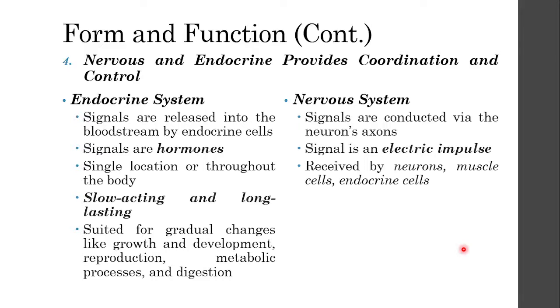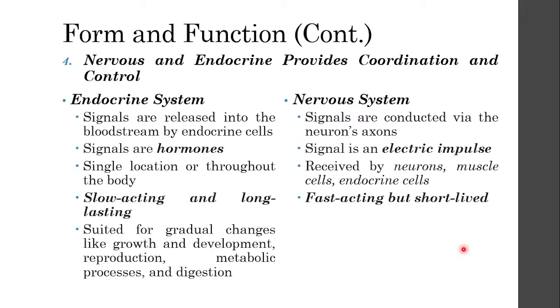So when you tell your brain to move your right arm, those signals travel, telling your right arm to move, and you can move your right arm. And then they are also connected to the endocrine system, because endocrine cells, in order to release their signals, their hormones, need stimulation from either the nervous system or from another endocrine system.